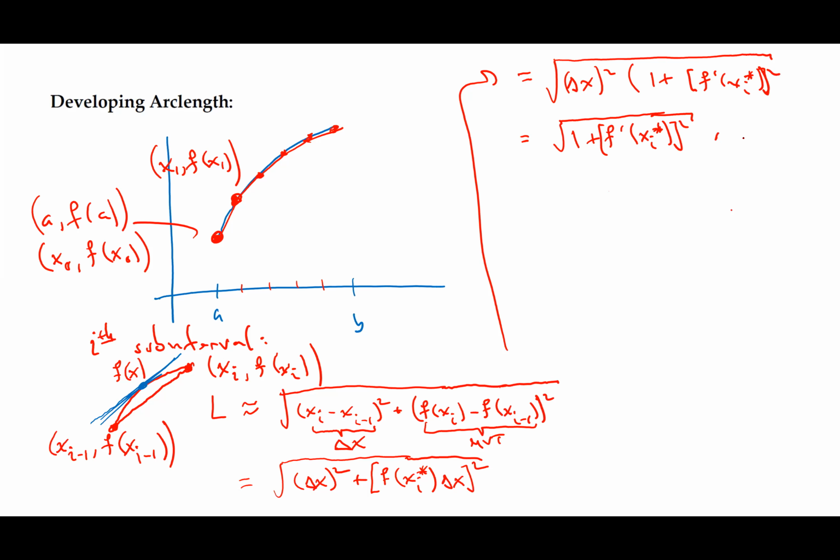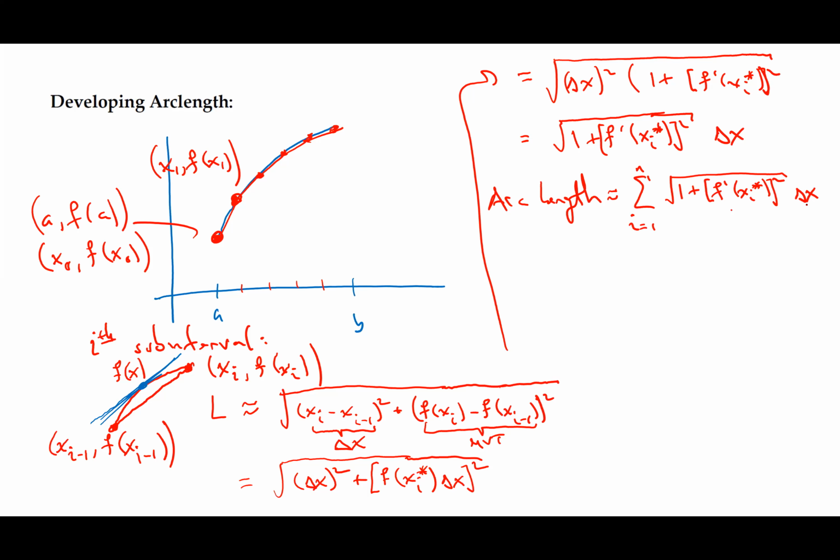All that times delta x. So then my arc length would be approximately the sum from i equals 1 to n, the square root of 1 plus ... delta x.